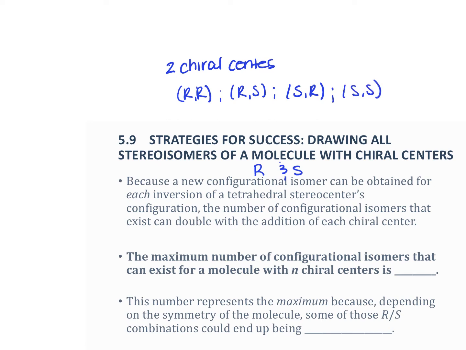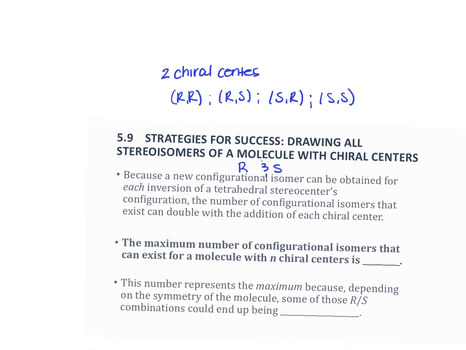So there's a lot of different options here. Obviously this would be the enantiomer of this, and these two would be enantiomers of each other. But this one and this one would be diastereomers, and this one and that one would be diastereomers, and so on. So we end up with some diastereomer situations here.